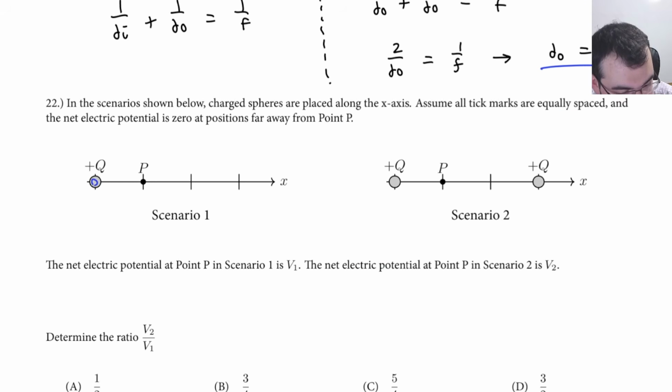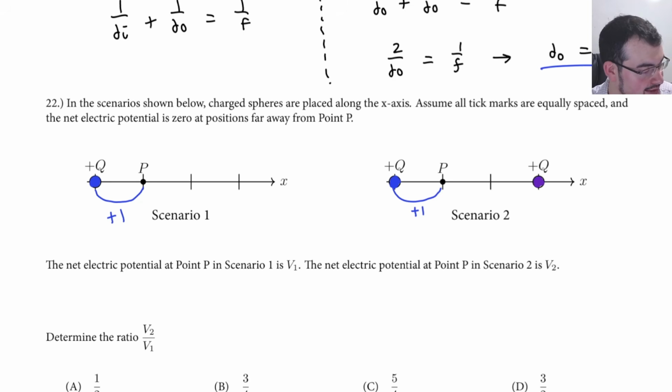So this is, again, your height map. At point P, this would be contributing a factor of +1 to the potential because it's a hill 1 unit away. And it's still contributing a factor of +1 when you're 1 unit away. Scenario 2. Now if we look at what's happening with the addition of another charge, well, we still have a hill.